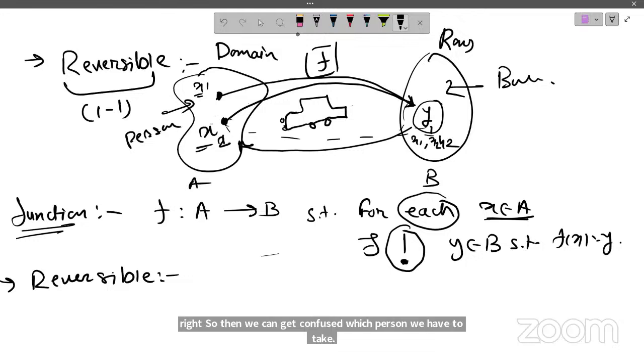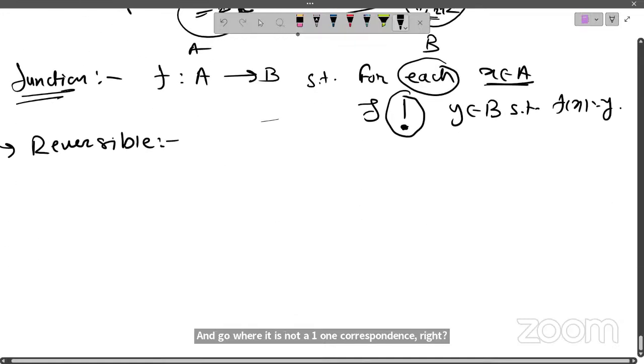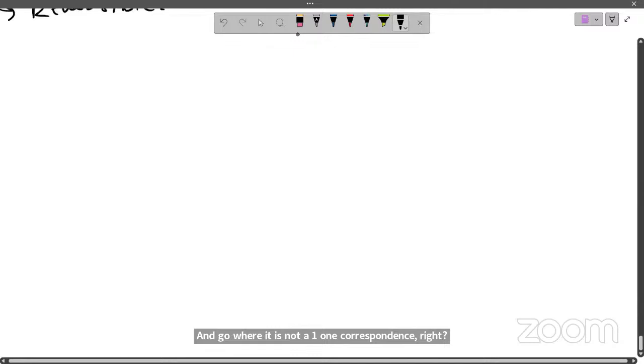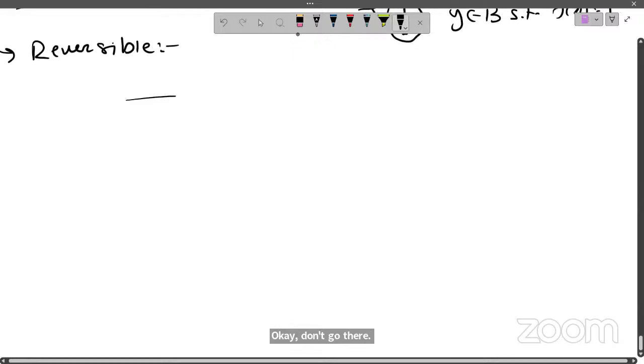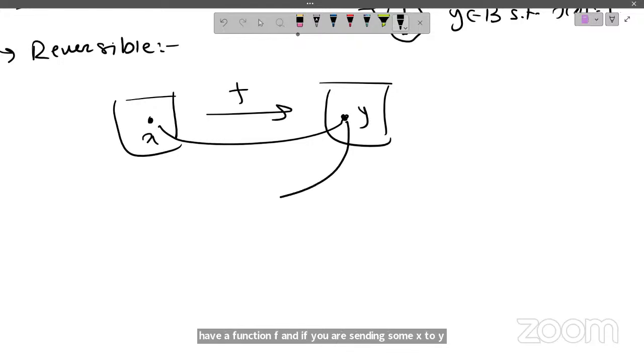It is not a 1-1 correspondence. Okay, fine. Let's just discuss reversibility. If you have a domain here, a codomain here, and a function f, and you are sending some x to y, then there should be a possibility that you can come back. This is what we mean by reversibility.